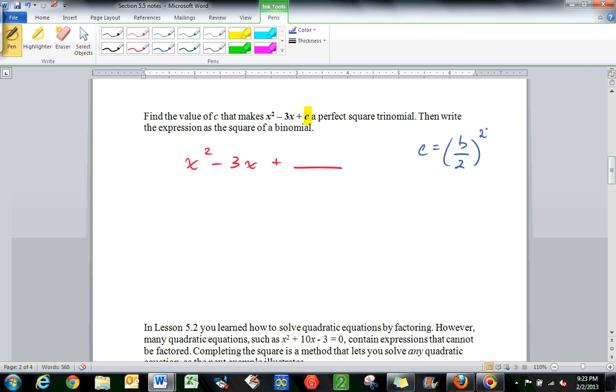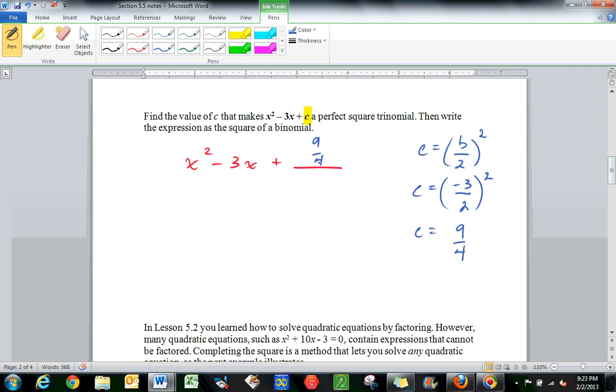In this case, b is -3. When we square both parts of this, we're going to get 9 over 4. And so this is going to be 9 over 4. So 9 over 4 completes this square, which means it creates a perfect square trinomial.